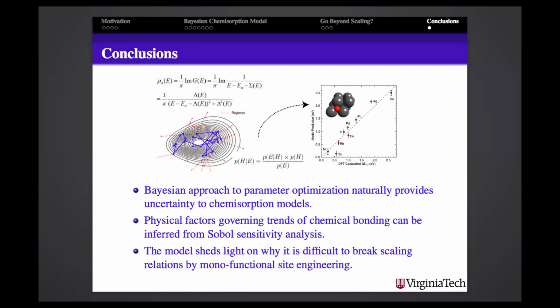Using the OH example, what we see is that it is really difficult to break scaling between the two different adsorbates simply by a monofunctional site under the Newns model. That suggests we have to go beyond this simple site tuning to explore multifunctional adsorption sites to possibly break scaling.